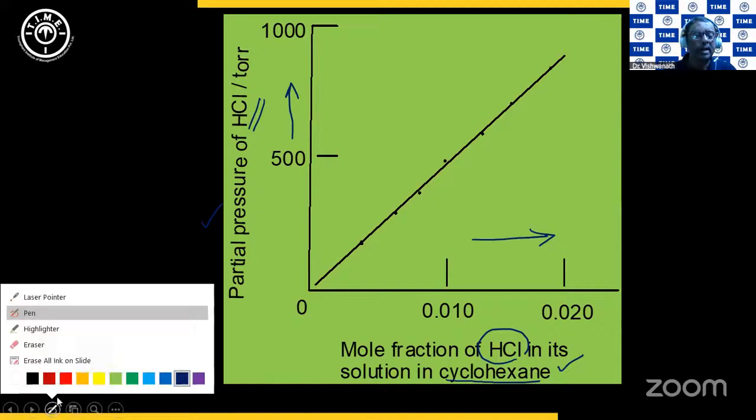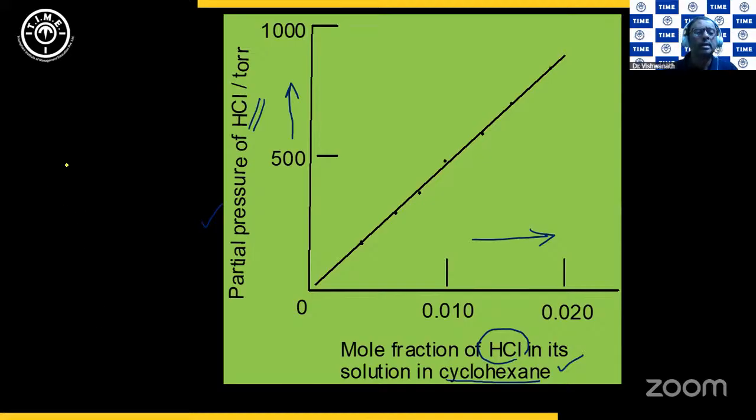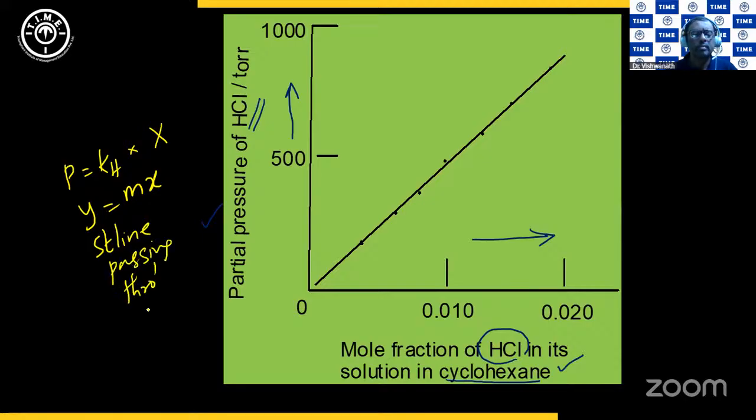Let us look at that part once again. P equals KH into X. Is this not like y equals mx, which is a straight line passing through the origin? Yes. This is a straight line passing through the origin. And this m is the KH value, which is the slope.